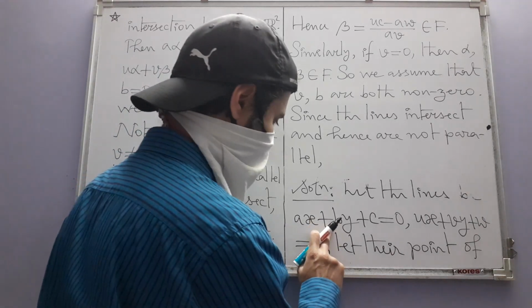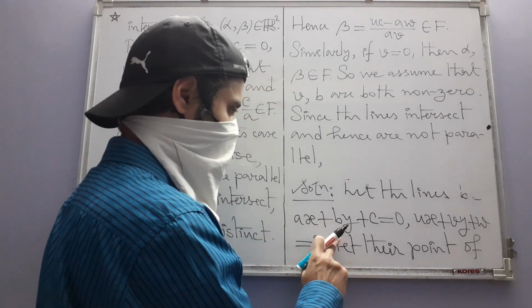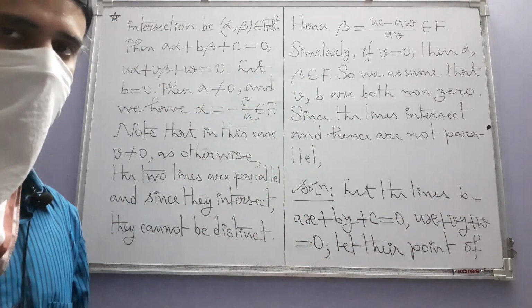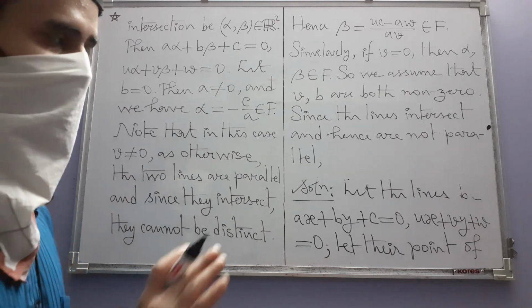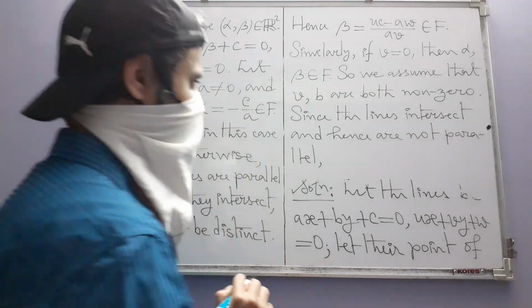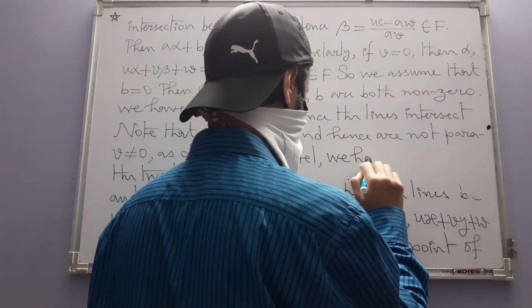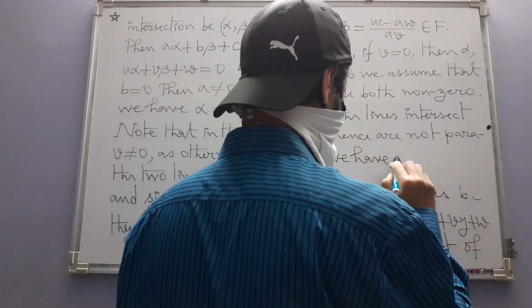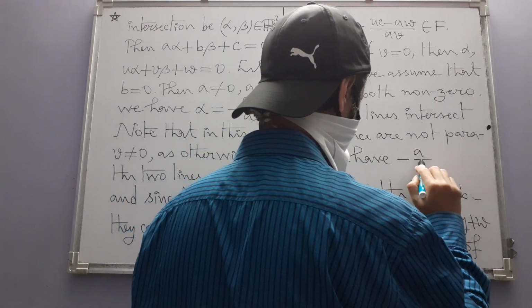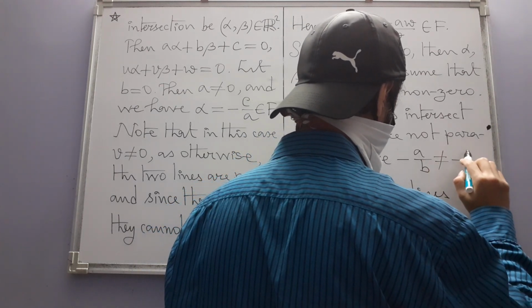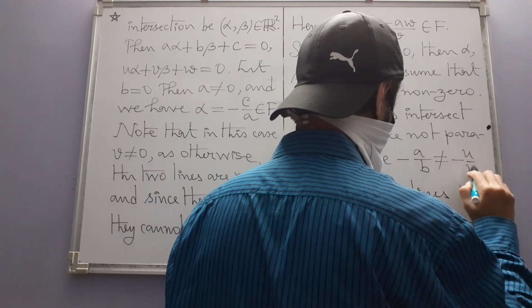So the slope of this line will be minus a divided by b, and that of this line will be minus u divided by v, and they won't be equal because these are not parallel. Minus a over b is not equal to minus u over v.